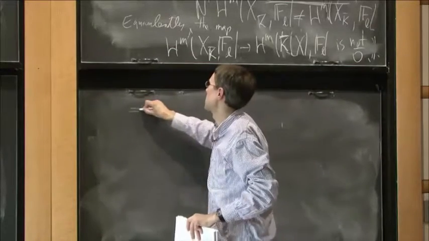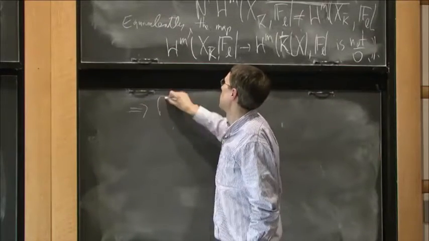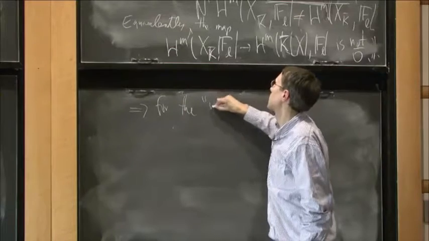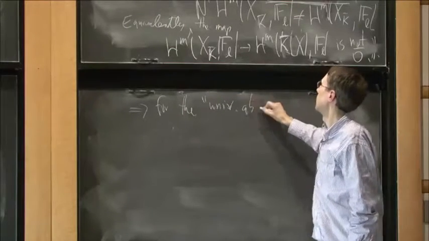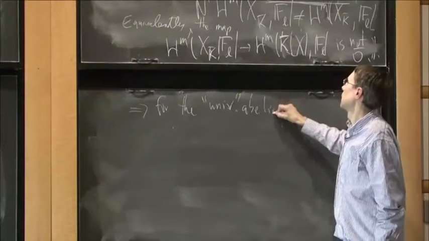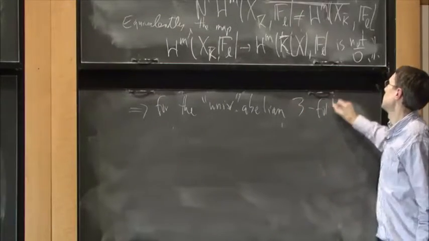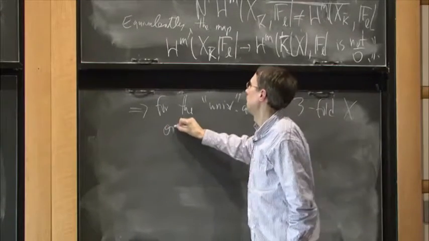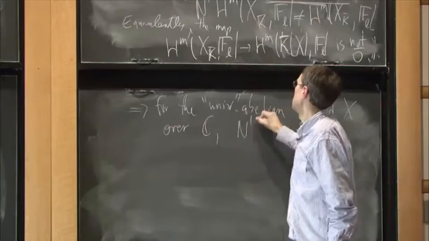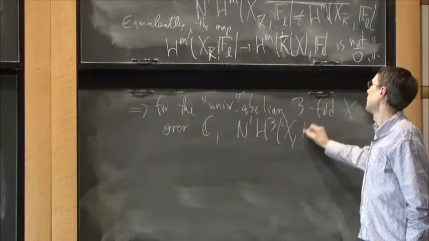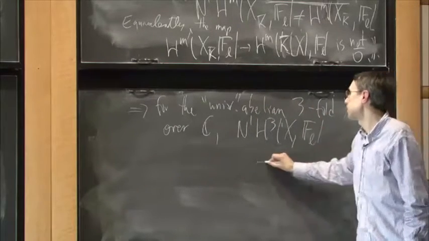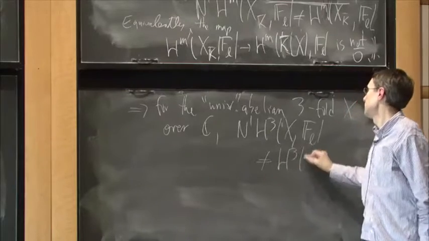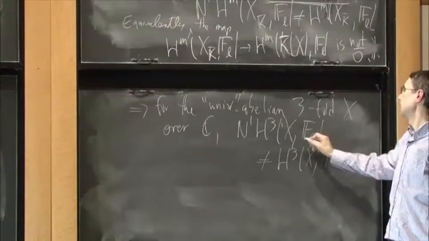So this implies, of course, that for the universal abelian threefold X, let's say over C, the H3 with Z mod L coefficients is not all supported on a divisor.